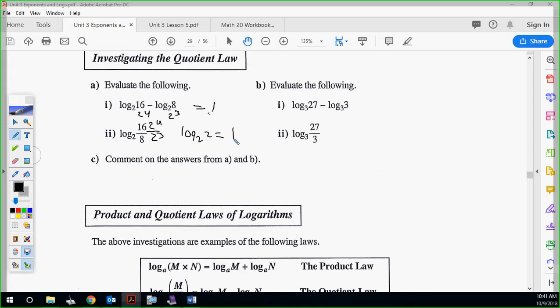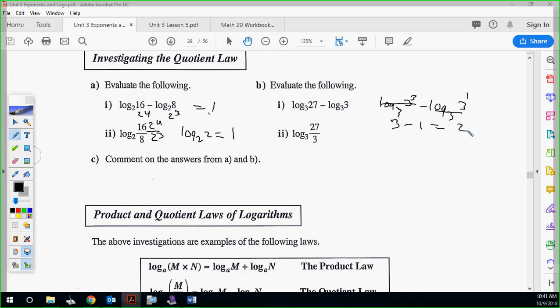All right. This one here, just for more practice, we're going to have log base 3 of 3 cubed minus log base 3 of 3. 3 minus 1 is 2. Remember, those cancel. That cancels. So you get 2.